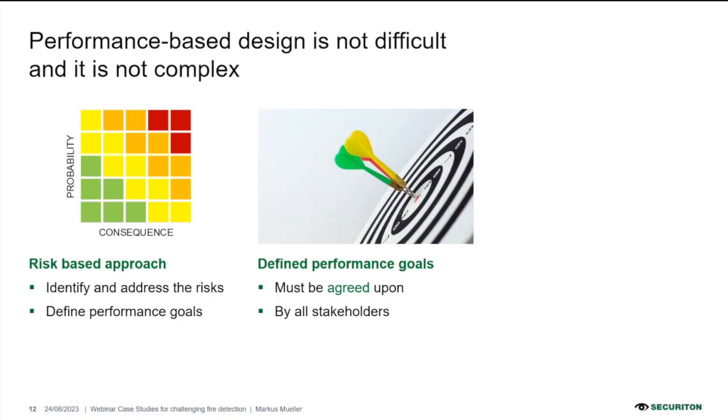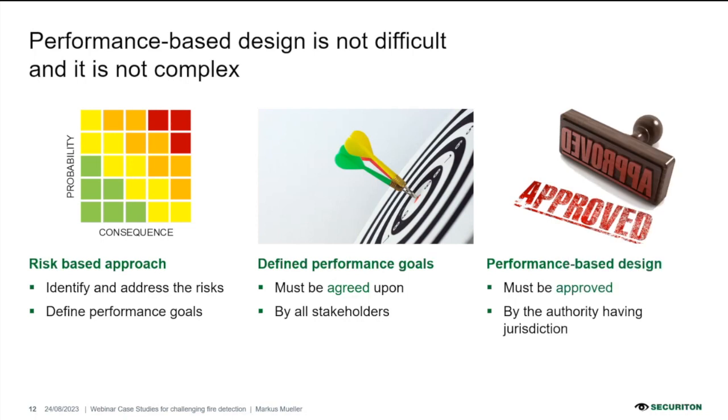Other than that, you can't go on. You must overcome that hurdle to have the agreement of all stakeholders in the project. Finally, once we have defined the performance goals, we need them to be approved by the authority having jurisdiction.